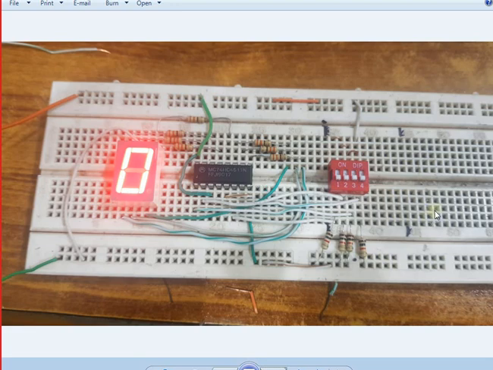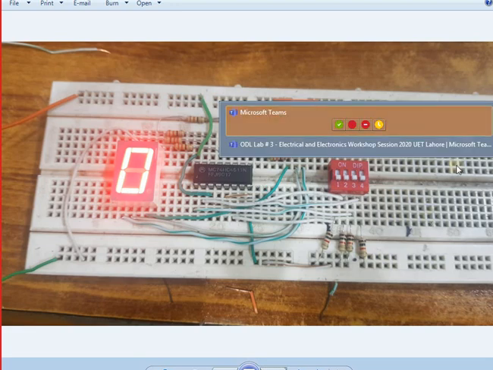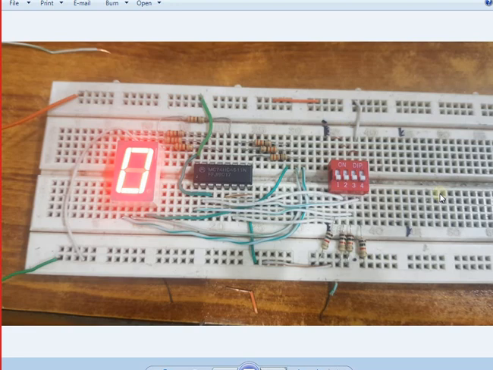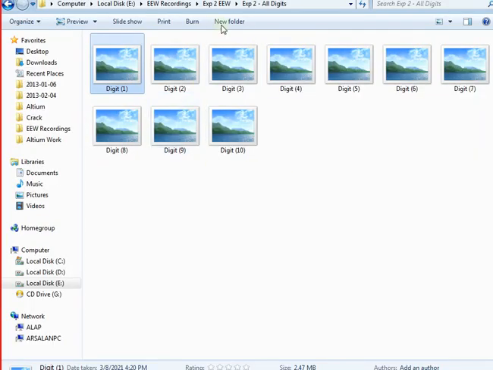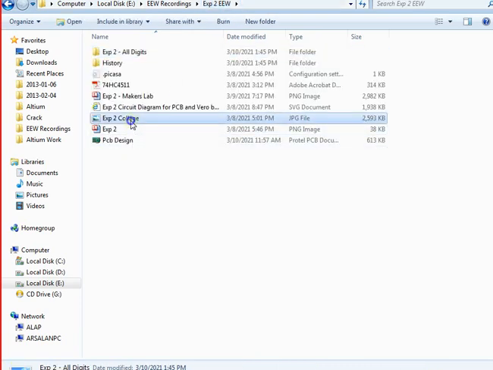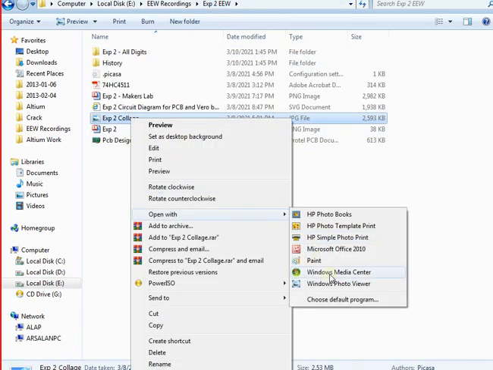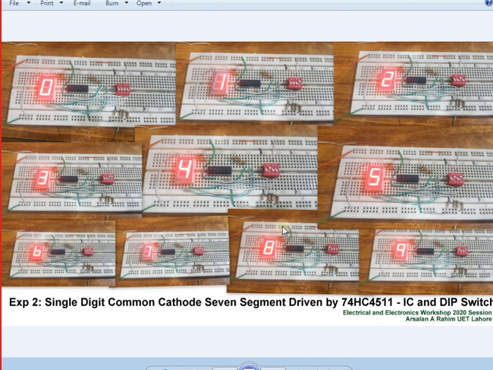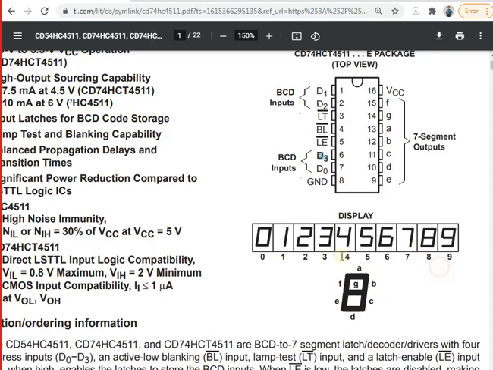I have taken some pictures and I am going to share these pictures also. I have asked Sir Bilal to share them on his website. They are also available on my website. Plus there is a whole collage also which is shared by me on my website as well. So you can see this is 0123456789 over there.